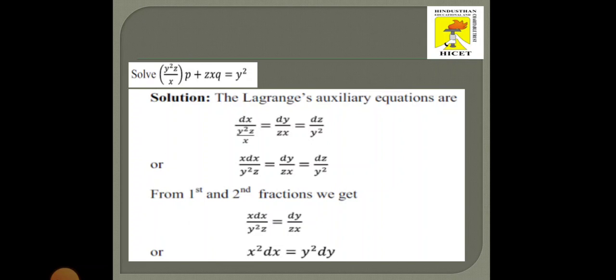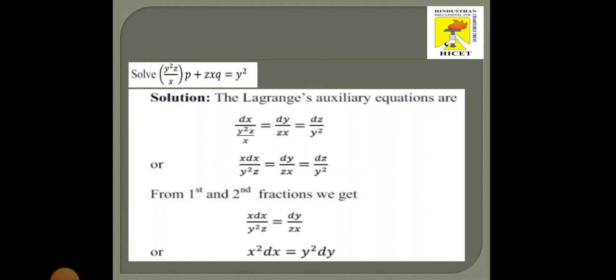So the auxiliary equations are dx by P equal to dy by Q equal to dz by R, that is dx by (y square z by x) equal to dy by zx equal to dz by y square.